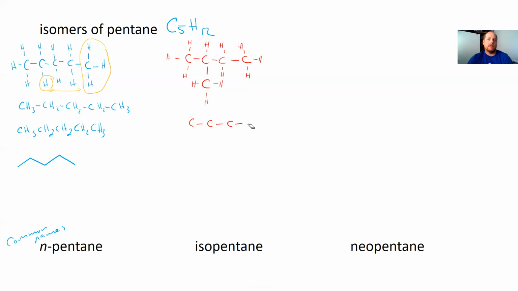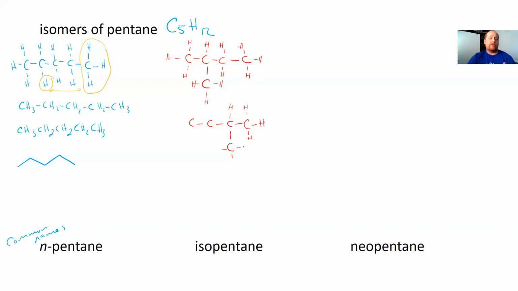There we go. So the other way to draw this is with the carbon coming off the branch on the second carbon, either up here or down here. And the difference is really just the direction that we wrote it, because we're going to find that the only way that this really differs is by flipping it around in space.